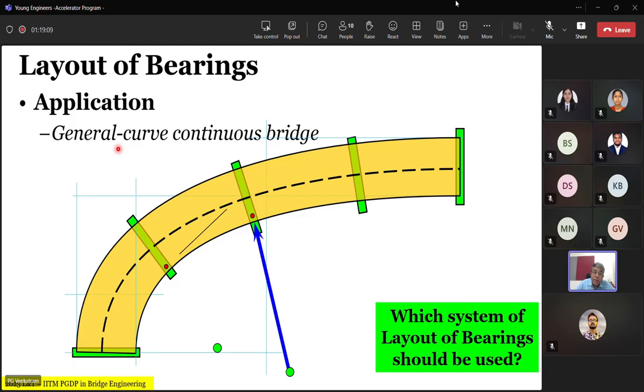If you have a general continuous bridge in which the radius of curvature keeps changing, it might be favorable to keep the tangential bearing system, make the construction easy and pay the price for it in the design of the substructure as well as the bearing.